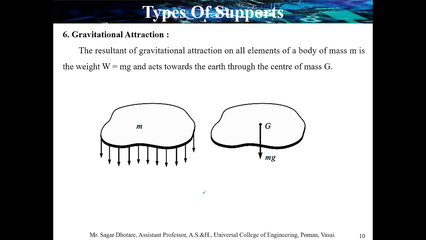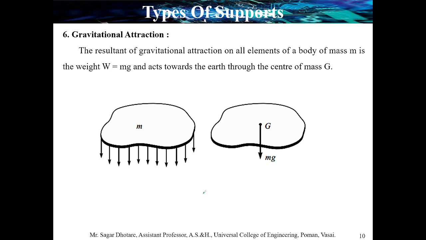Next one is gravitational attraction. Gravitational force is nothing but the sum of all the mass times gravitational acceleration, mg, for each mass, acting at a particular point, that is the centroid position.